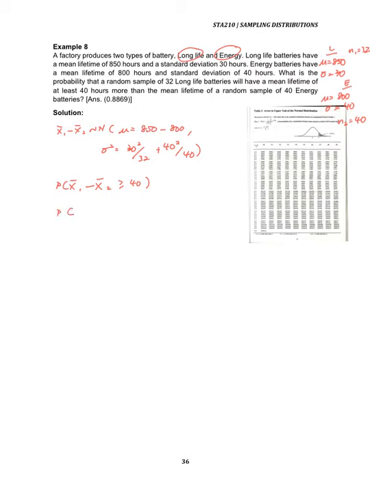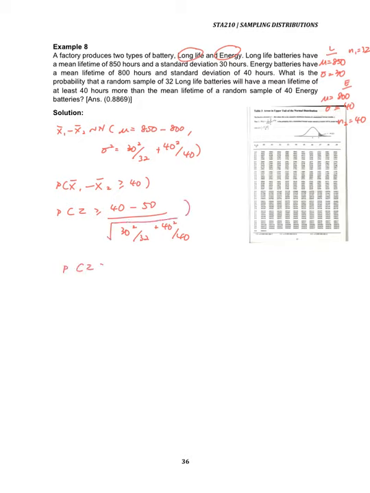So this will become z greater or equal to 40 minus (850 minus 800), which is 50, divided by square root of 30 squared over 32 plus 40 squared over 40. Don't forget the square root.